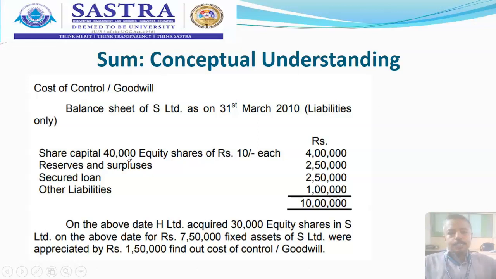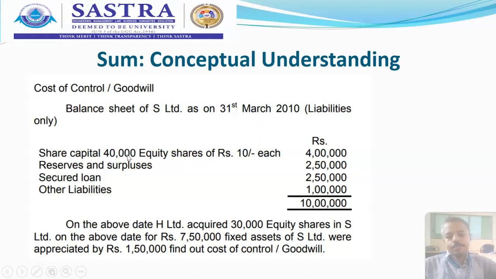Now go through the sum which I have posted in the slide. The balance sheet of S Limited is as on 31st March. Particularly the liability side has been given because that's needed for our calculation. Share capital, 40,000 equity shares of rupees 10 each, so it comes to 4 lakhs.